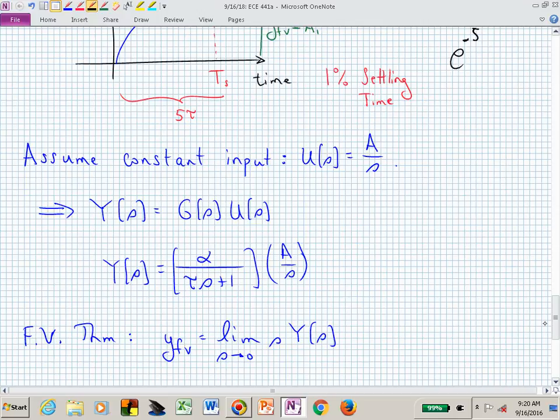You know the left-hand side, right? You know the final value of your output if somebody gives you that or if you measure it experimentally.